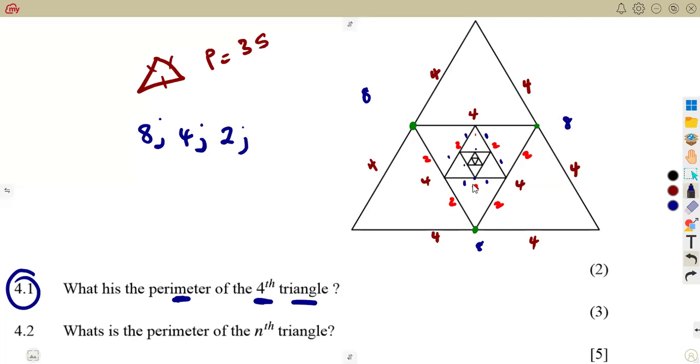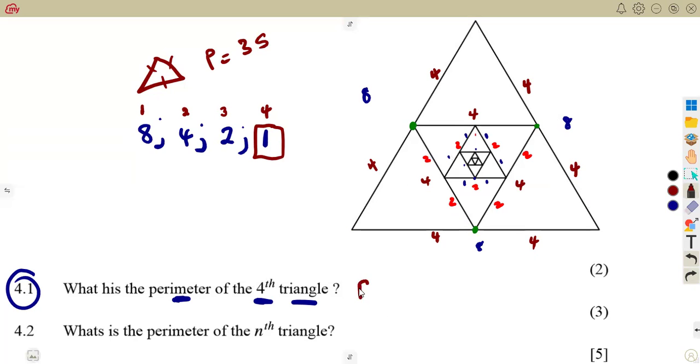The next, 2 divided by 2, is 1, and then 1 over 2, and so on. So the first triangle, the second, the third, the fourth, we are dividing by 2 because they are joined at midpoints. So the fourth has a length of 1 centimeter.